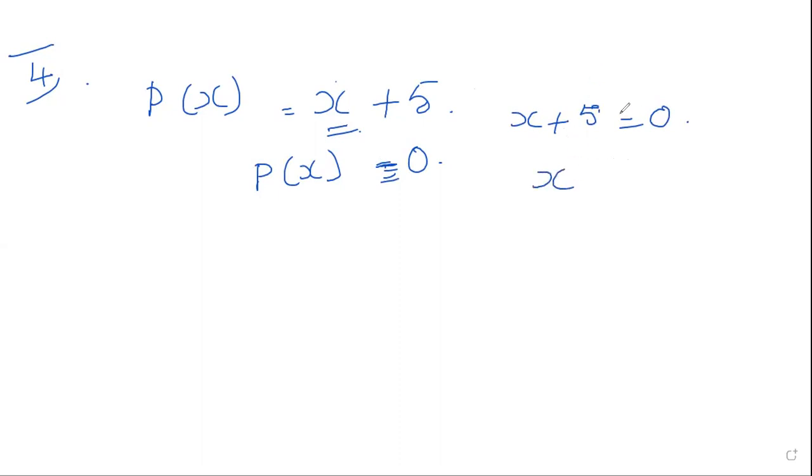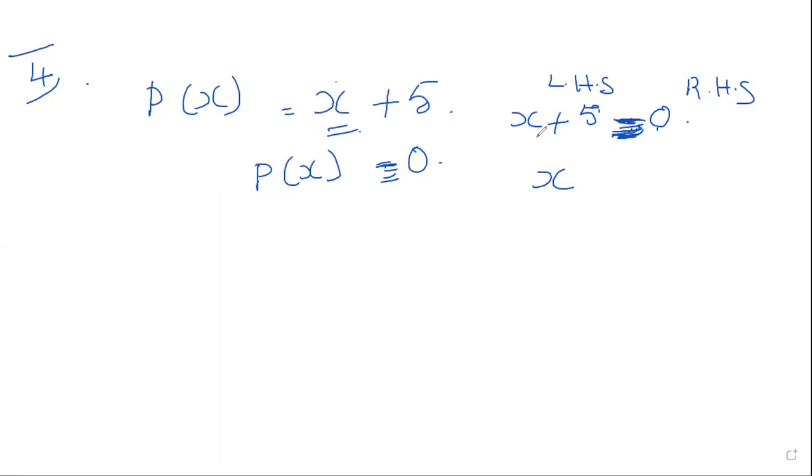Looking at the equal sign, x plus 5 is on the left hand side and 0 is on the right hand side.